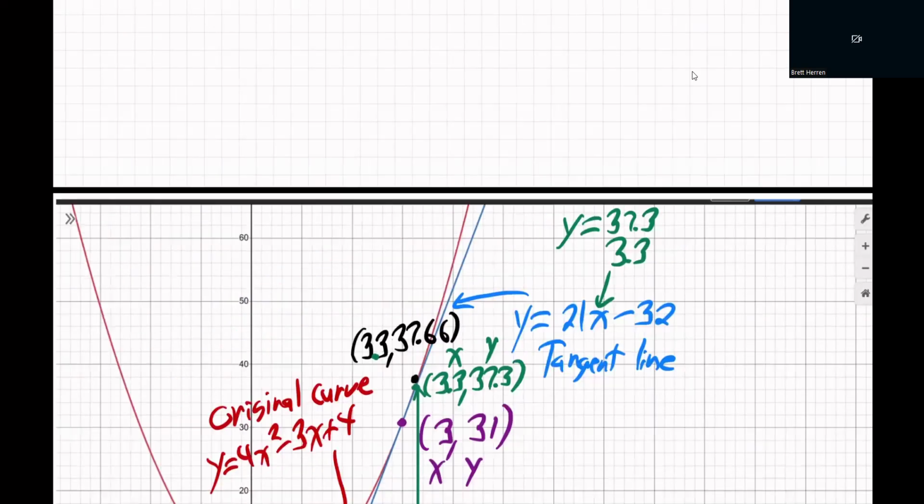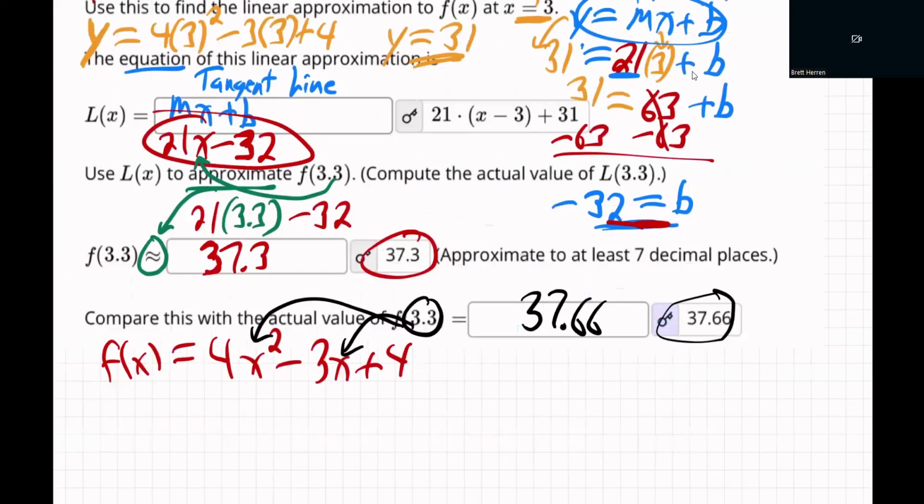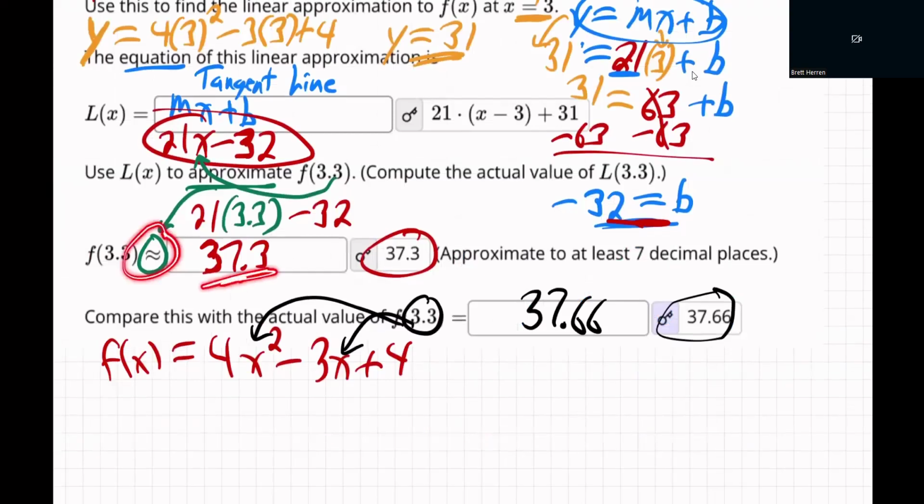They're very close together. So we're comparing the approximate value, 37.3, with the actual value. Whenever they tell us to get an approximate, we plug into the tangent line, because that's an approximation to the real curve. When they say approximately equal, I don't plug that 3.3 into f.